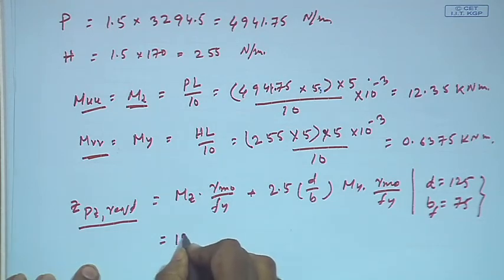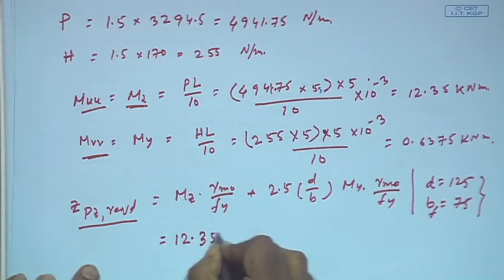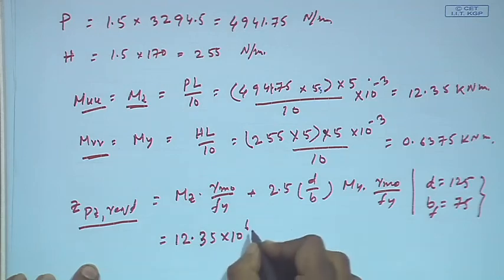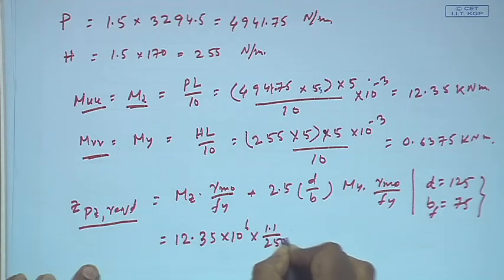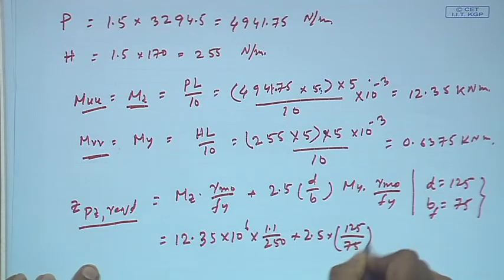With these assumptions we can find out the value. If we put the values, Mz as 12.35 kilonewton meter, which we can make Newton millimeter with multiplication of 10 to the 6, into 1.1 by 250, plus 2.5 into 125 by 75. This is absolutely approximate.